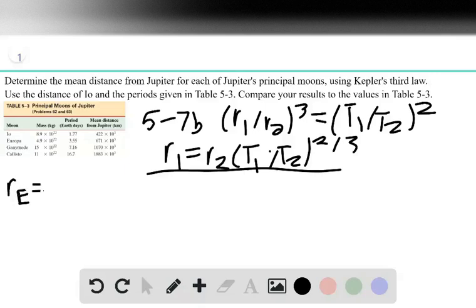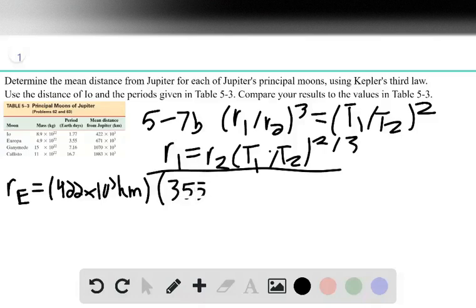RE is equal to R2, which is Io, which is 422 times 10 to the 3rd kilometers, times the period of Europa, 3.55 days, divided by the period of Io, which is 1.77 days, and that's raised to the 2/3.